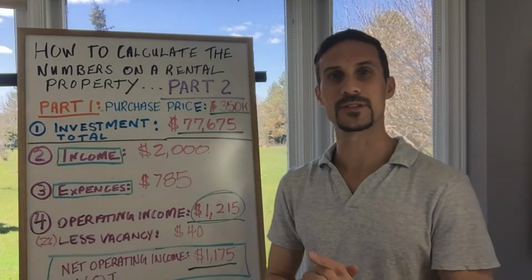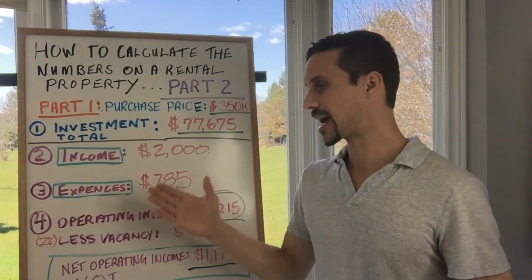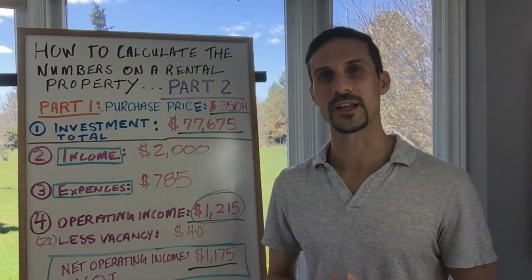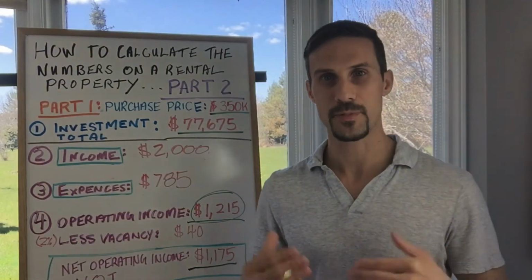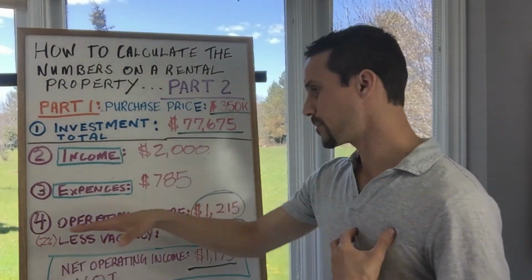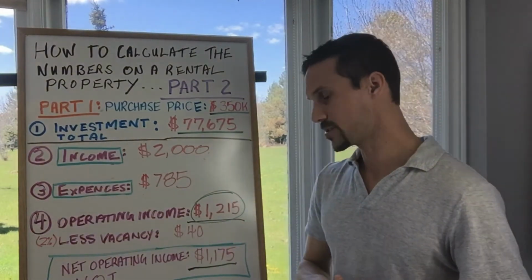So in this case, I put 2%, some people put 2.5%, some people put 3%. Again, it's up to you, it depends on the local market. I know where I am here in Aurelia, 2% is what I use personally. So we compensate for that: 2% of 2,000 is $40.